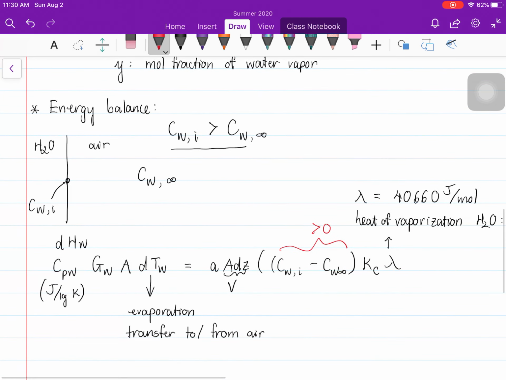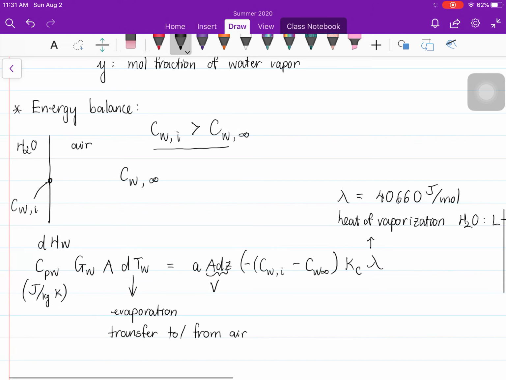So the change in water temperature from top to bottom would be a negative number. So the left-hand side is a negative number. So what I would do is add a negative sign in front of Cw interface minus Cw infinity to make the right-hand side a negative number.